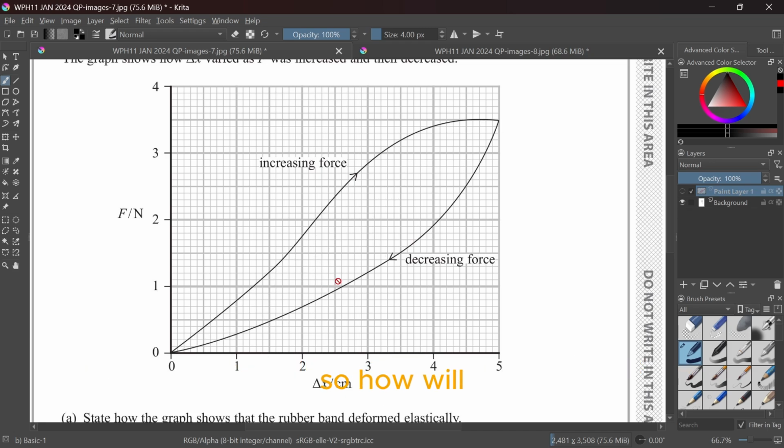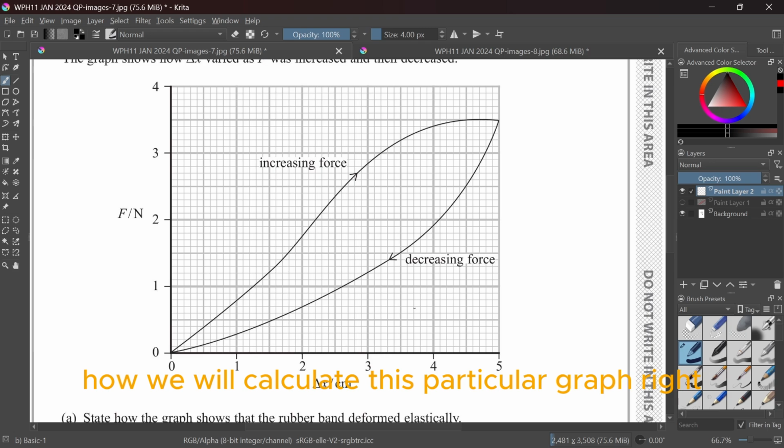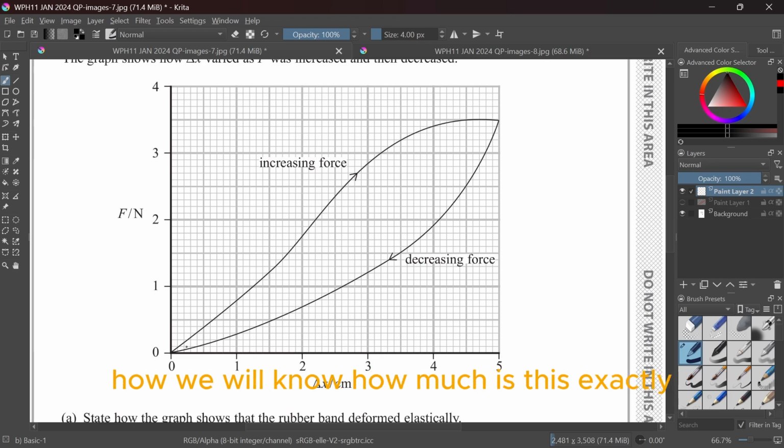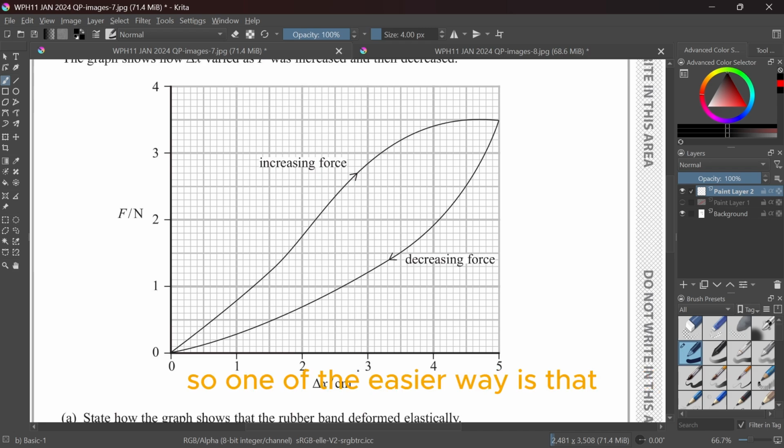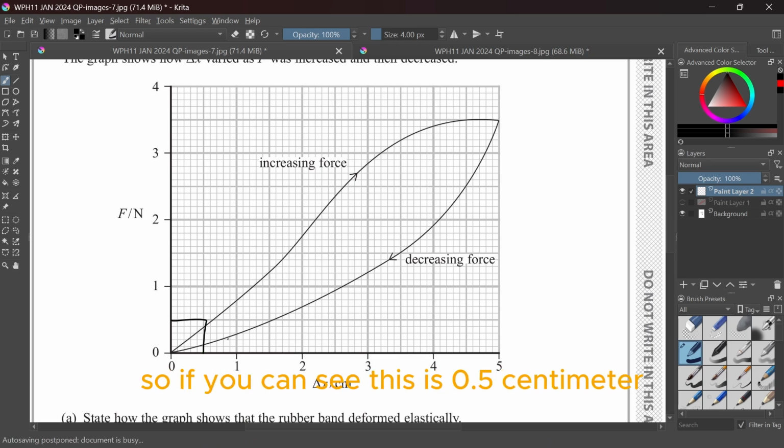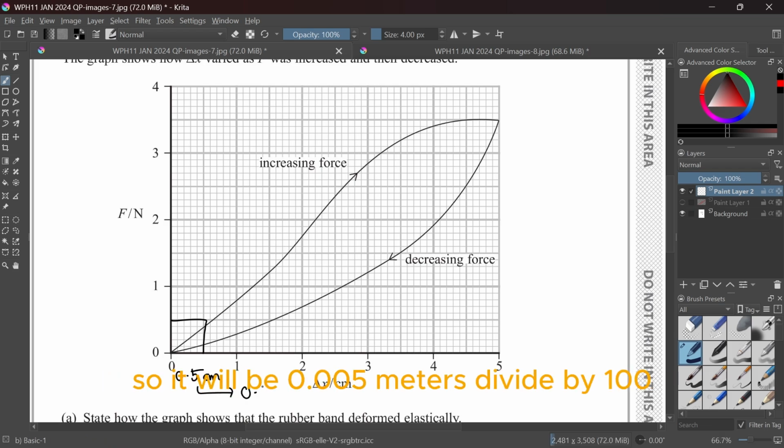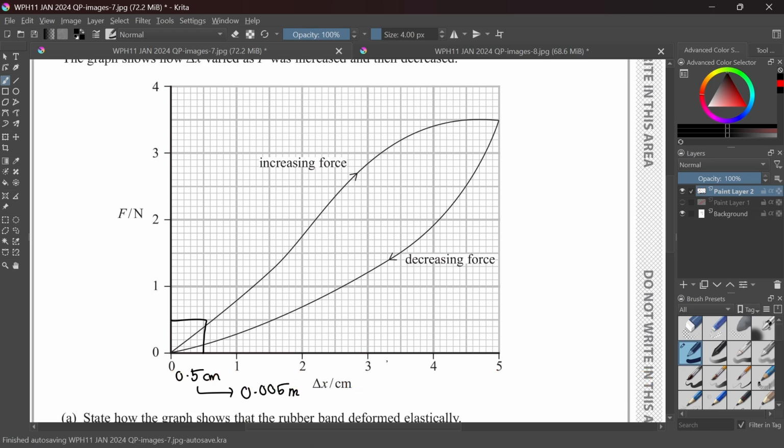So how will we calculate this particular graph? How will we know how much this is exactly? One of the easier ways is, let's say this is your box right here. If you can see, this is 0.5 centimeter. Make sure to convert your units into meters, so it will be 0.005 meters, dividing by 100.